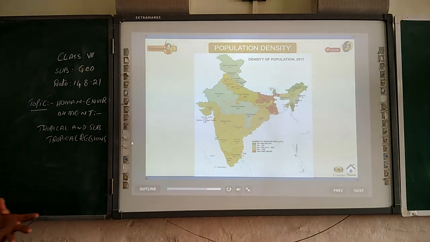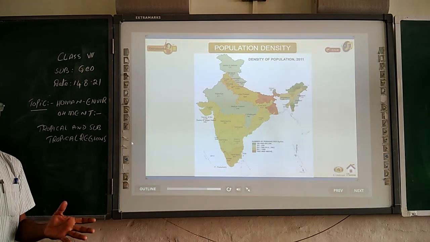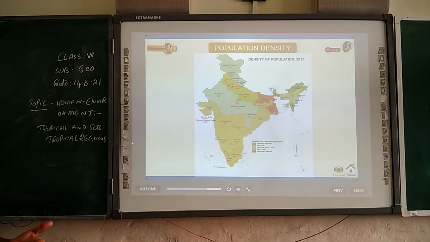So therefore, people concentrate on various activities like agriculture, industries, and other activities. So naturally, the population density is more.